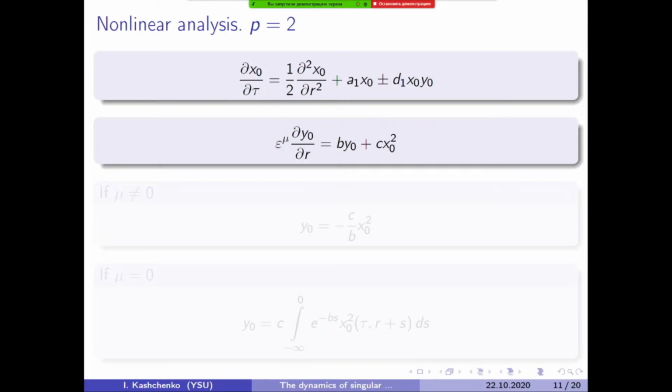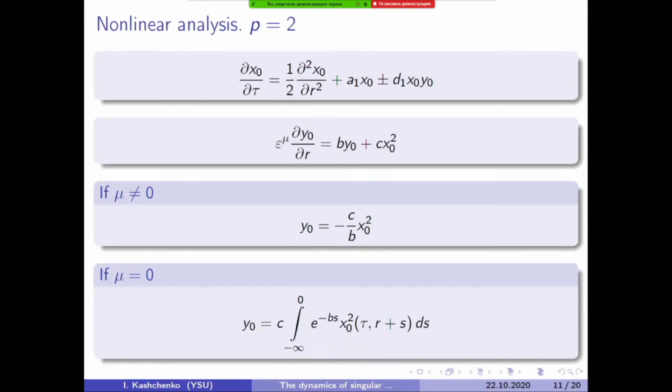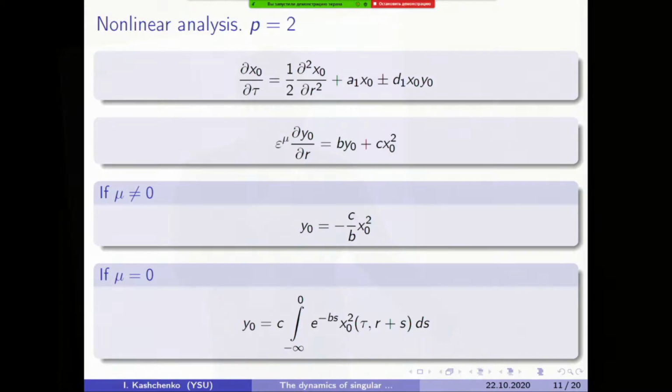To determine this y0, we have this equation. Here we have two situations. If mu is not equal to 0, then this term is very small, and y is equal to this value. It's very simple. And if mu is equal to 0, then we have a linear differential equation, and the only bounded solution of this equation can be written in this form.